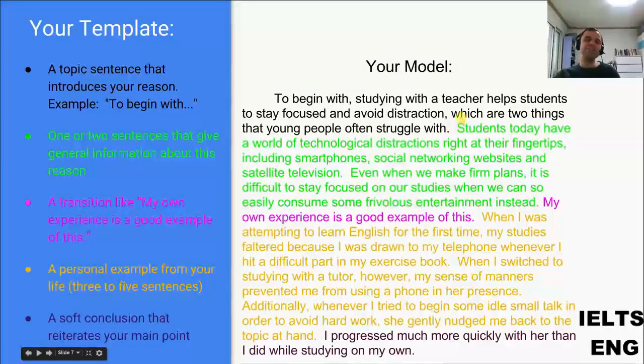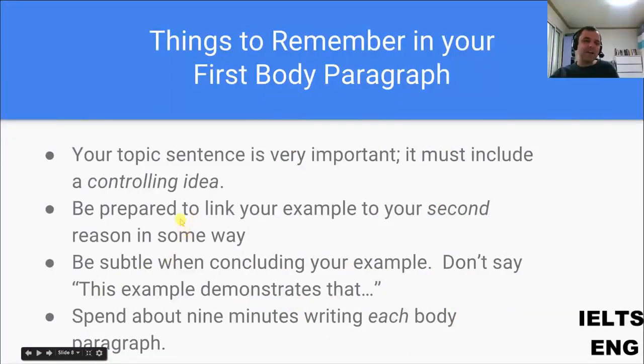So just imagine that your controlling idea is meant to answer that so what question that the grader might have when he reads your topic sentence. It's good practice for that controlling idea to come after a comma. So, what else do we keep in mind? Second of all, be prepared to link your example to your second reason in some way.